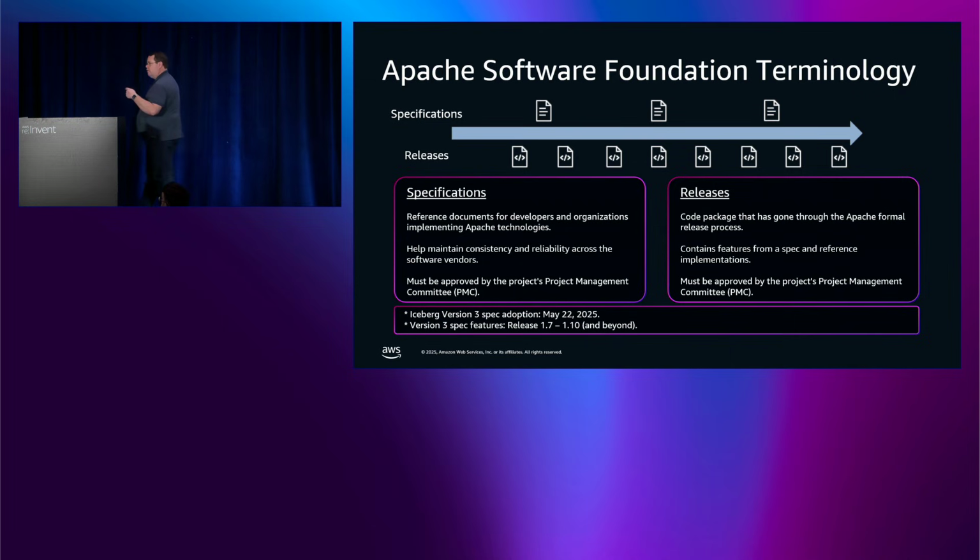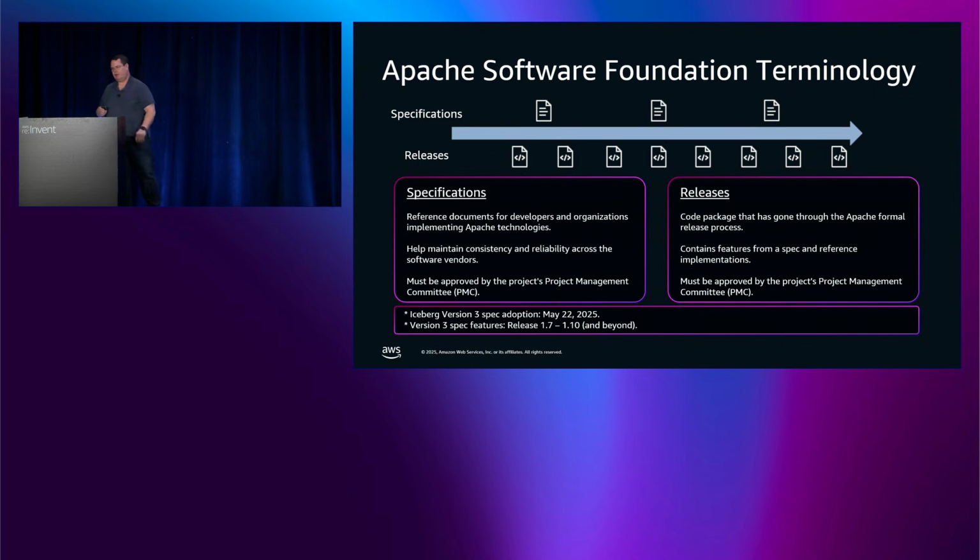They have to be voted on by the PMC, the Project Management Committee, before they're officially ratified. But keep in mind, anybody that wants to participate in an Apache project is more than welcome to vote. Have your voice heard. Something you really want to champion, go vote for it. Something you want to provide feedback on, go vote for it. Everybody's welcome to participate, though only the PMC member votes count.